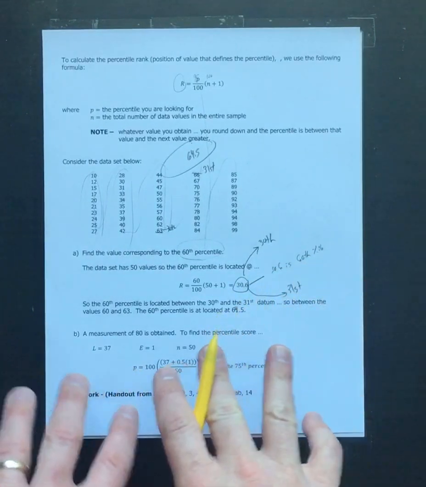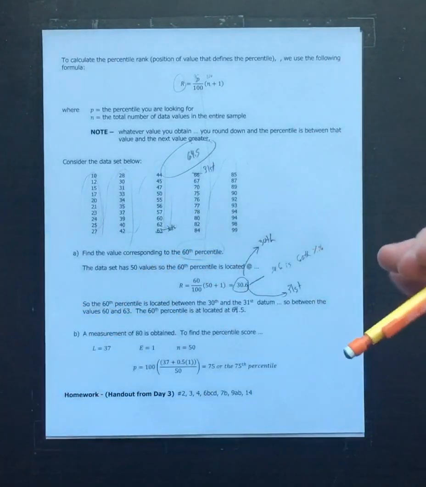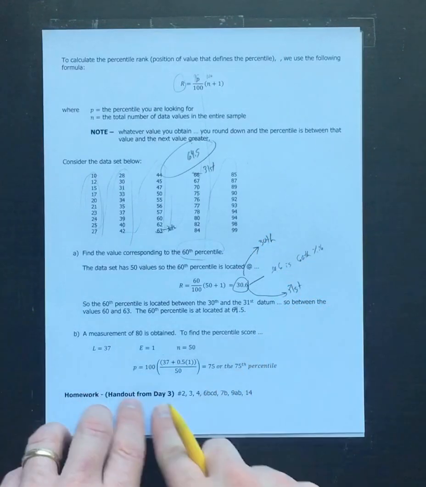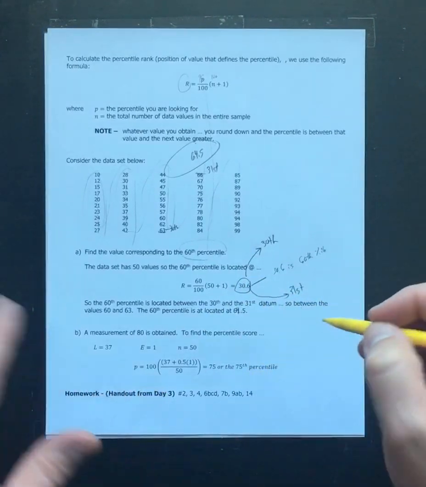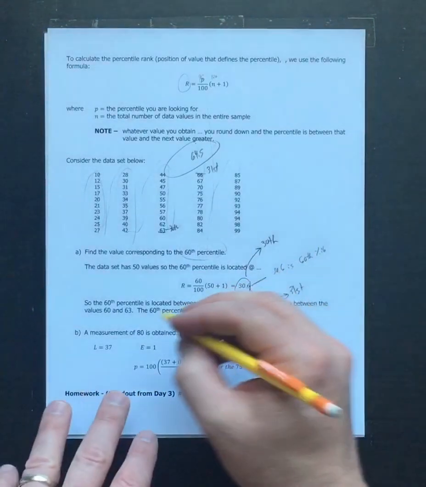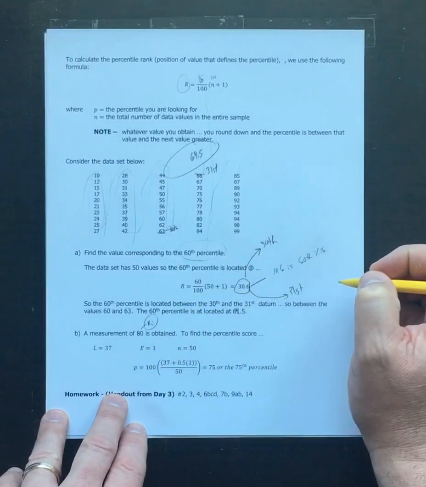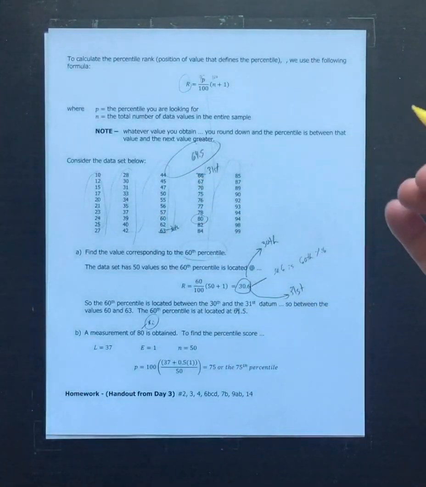Now if we wanted to figure out what our percentile is, we have a score, a measurement, and we want to figure out the percentile that it is, P. Then what we do is we plug it into the formula, but we have to count the number of values that are above or below it, so we have to pick a particular value. In this case, 80, that's my x sub i. I find 80, there it is there. It doesn't have to be in here, but you could find where 80 is roughly located.